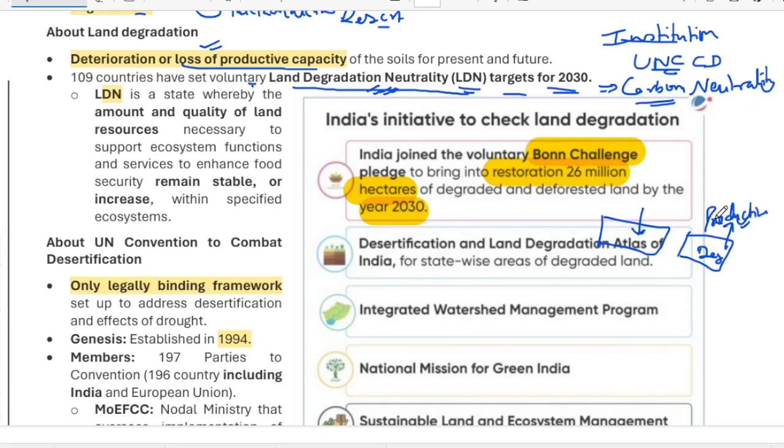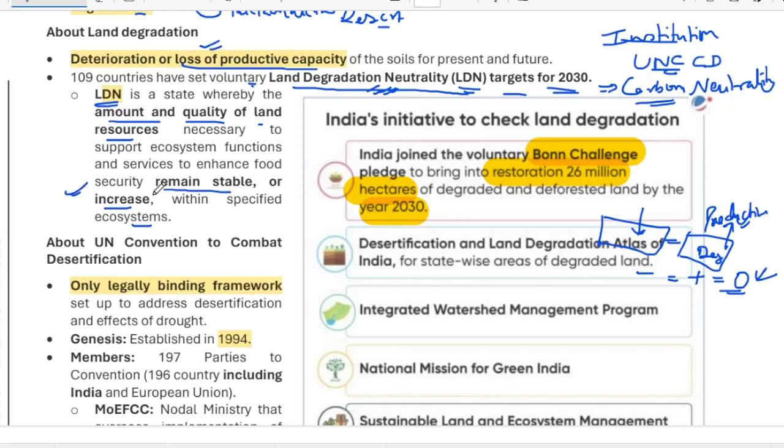If the same quantity of land that is being degraded in the world is being made productive, then neutrality has been achieved. Like this is negative and this is positive, then the addition of both gives zero, that is neutral. It is a state whereby the amount and quality of the land resources necessary to support the functions of the ecosystem remain stable or increase within a specified ecosystem.